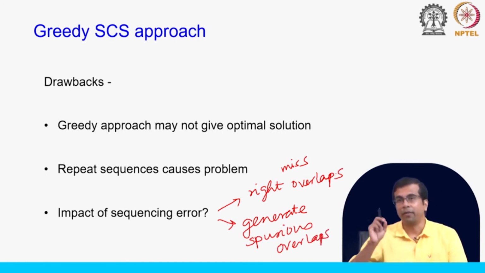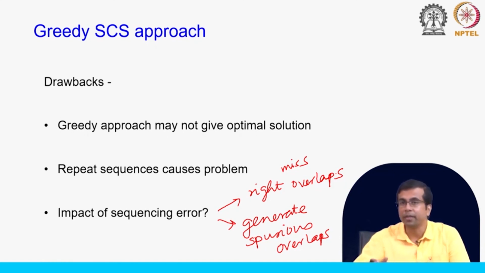If your read data contains sequencing errors, you might miss the correct ones which were actual overlaps in the genome, because of the sequencing error you are not seeing this overlap. There is no match in the prefix and the suffix, and one mismatch is there, so it will not be included in the overlap graph.